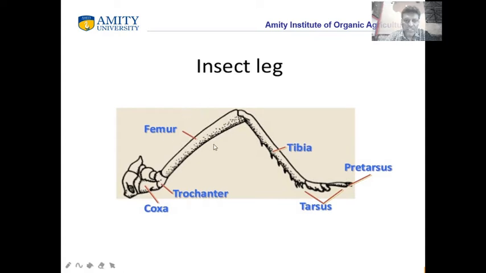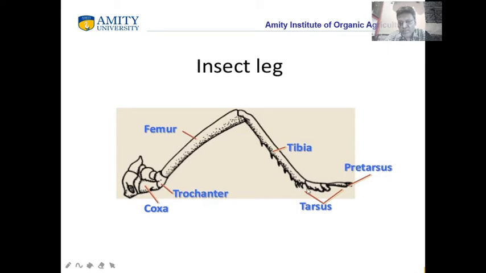The third one is the femur, which is a strong and thick structure. The fourth one is the tibia, which is longer and slender, thin in size, and there are spine-like structures on the tibia. And the fifth and sixth are the tarsus and pretarsus.